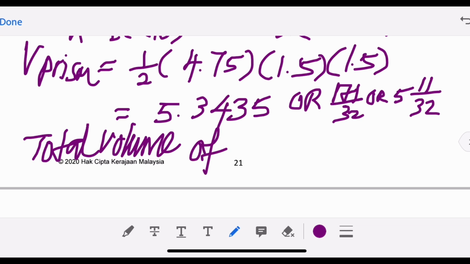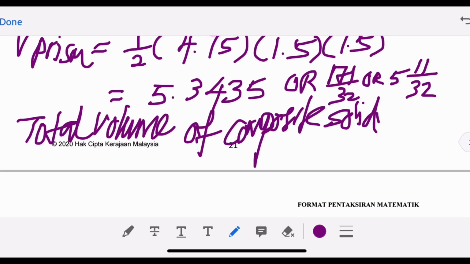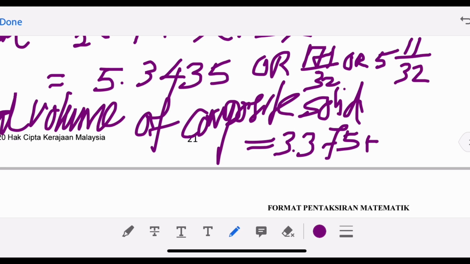So you just add up the two, which is 5 11 over 32 plus the answer just now, which is 3 3 over 8, right? So we will write 3.375 plus 5.3435.